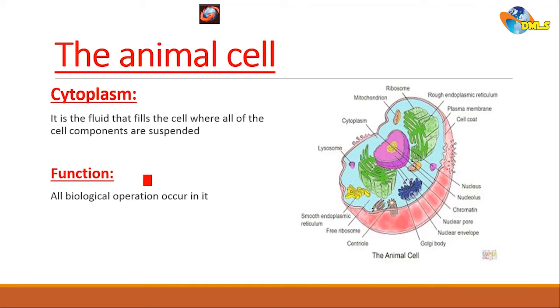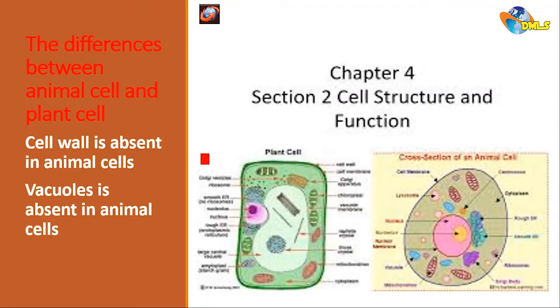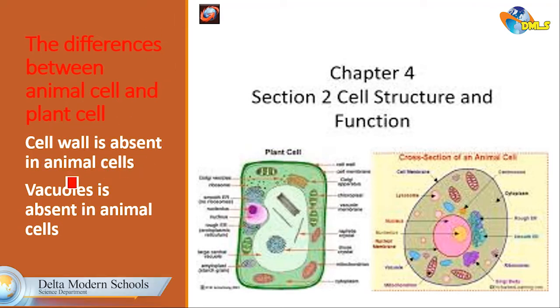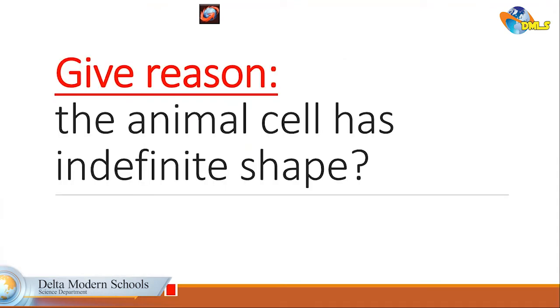Give a reason and answer this question for me. I'll give you 1 minute. Give a reason: the animal cell has an indefinite shape. Actually, I've said the answer before.